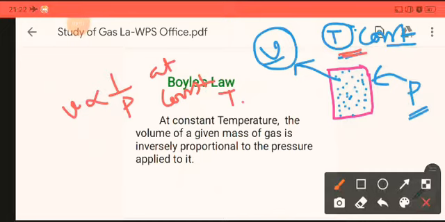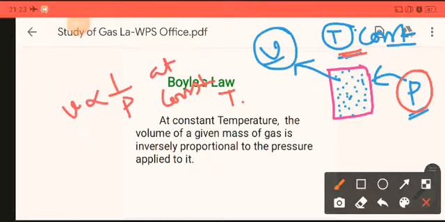Here the pressure is P, the volume is V, so the relation becomes V is inversely proportional to P.